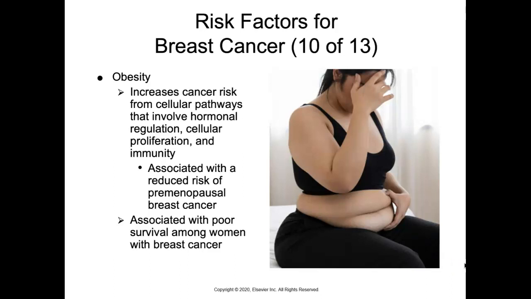This likely is because we see an increase in the levels of estrogen through aromatase activity in the adipose tissue. So studies of hormones secreted by the adipose tissues, including leptin and adiponectin, may also have an underlying association between obesity and breast cancer.